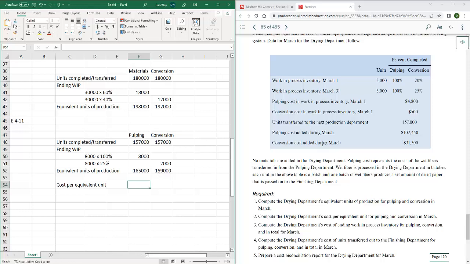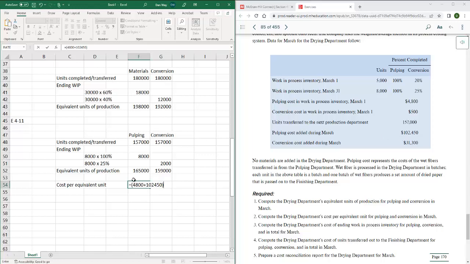Okay, so with our weighted average method for blending all this stuff together, at least metaphorically or theoretically, this cost per equivalent unit with respect to pulping can be determined by the pulping costs that were in the beginning work in process when we entered this period. So right here, 4,800, plus all the pulping cost added during the period. Down here, 102,450.